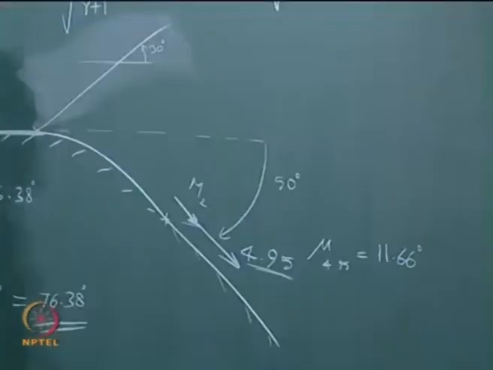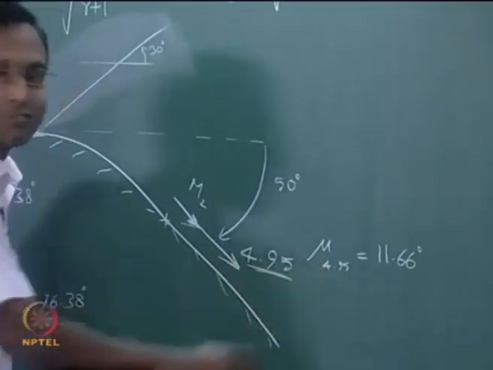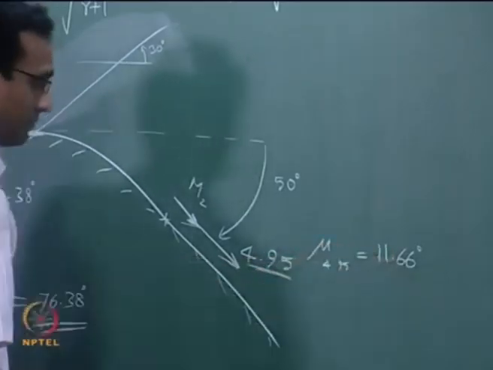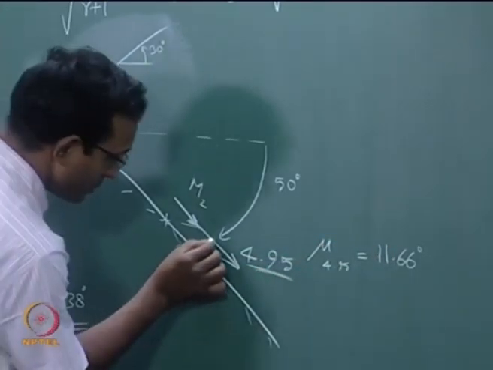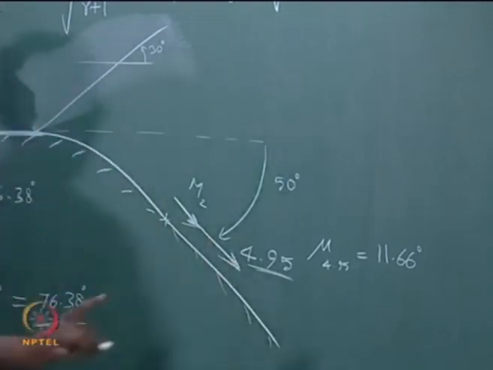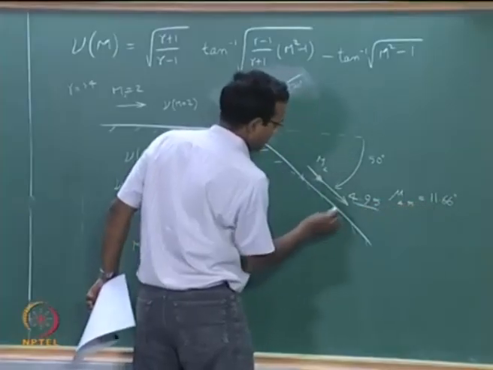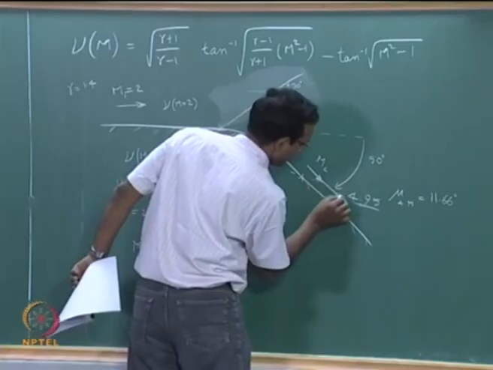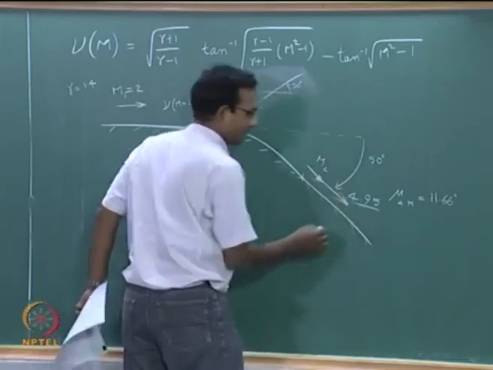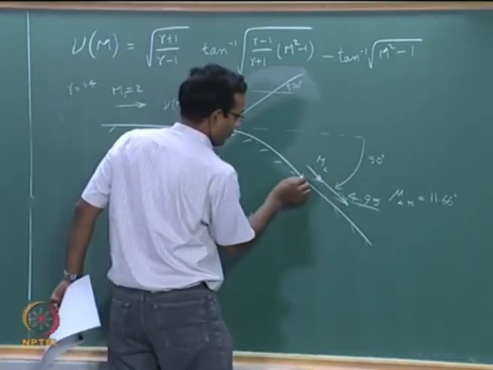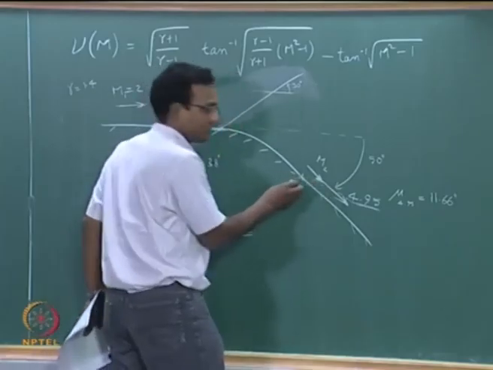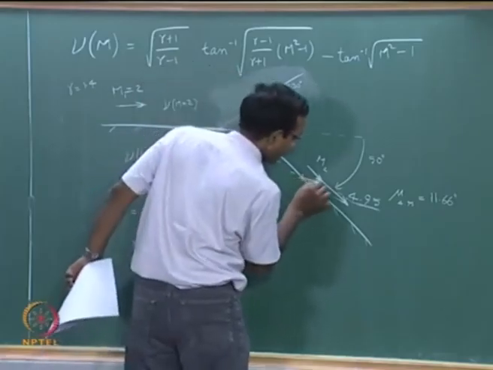I will use this number, this is sin inverse of 1 by 4.95, that happens to be this. So with respect to this flow velocity direction, I am going to have 11 degrees from here, which is a very small angle like this. So from the last point of change, it is going to have an angle like this.